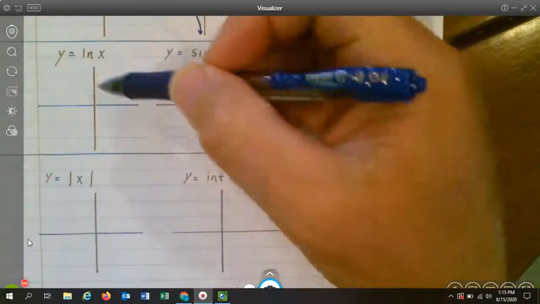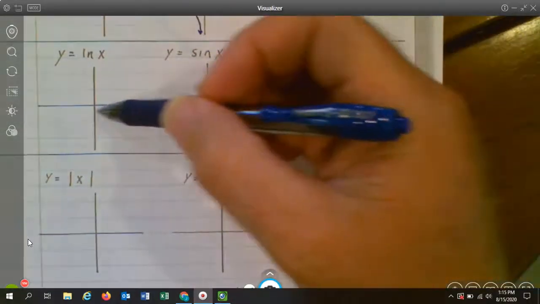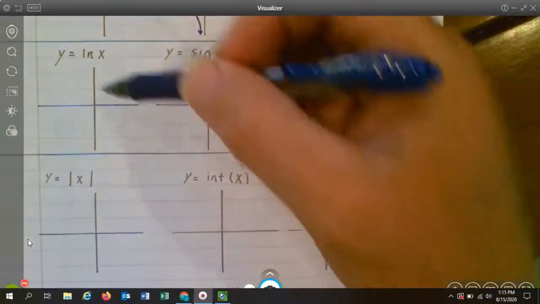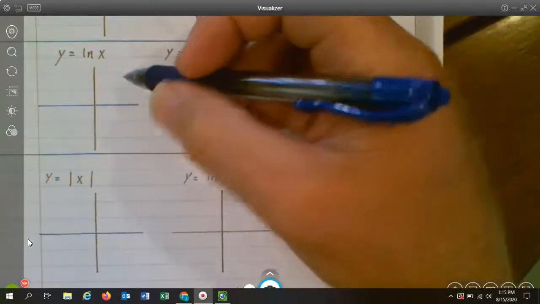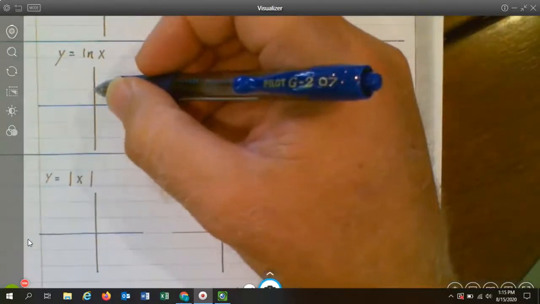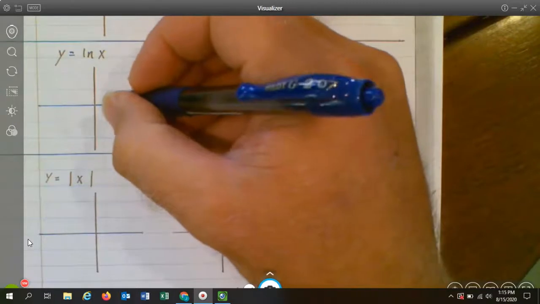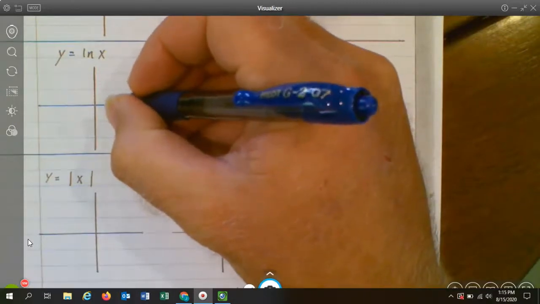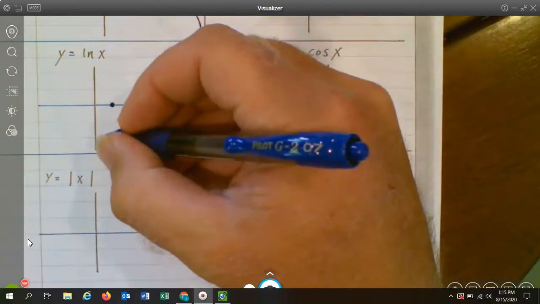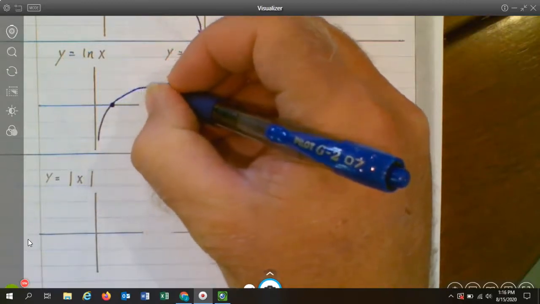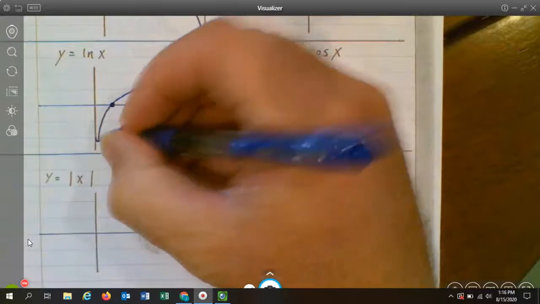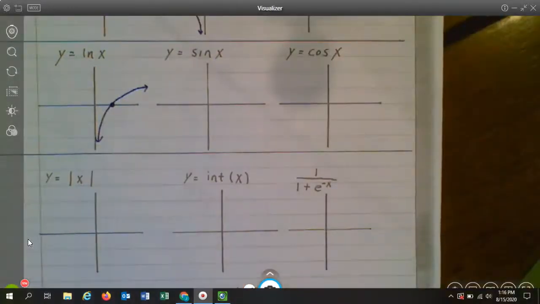So where e to the x has a horizontal asymptote through 0, logs have a vertical asymptote through 0. And so instead of going through 0, 1, natural logs go through 1, 0. And so we get the inverse function of e to the x doing something like this. So that's our natural log of x.